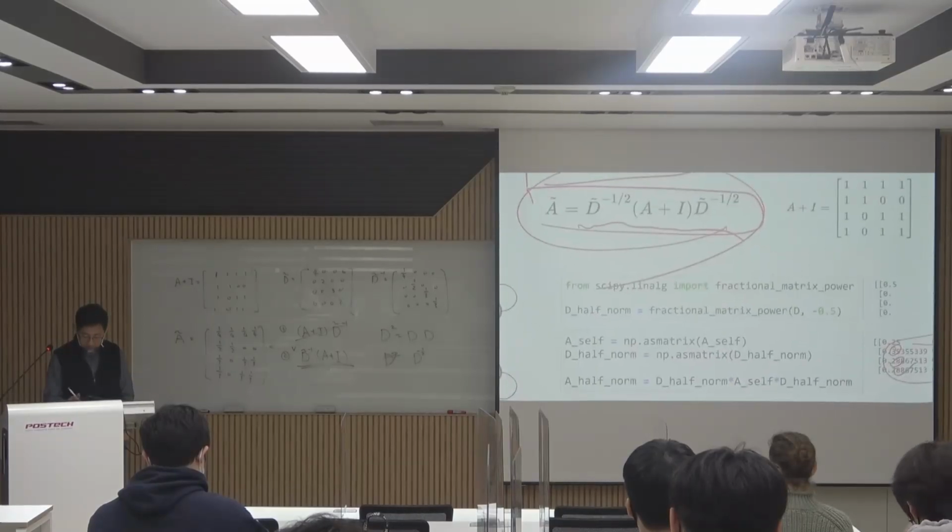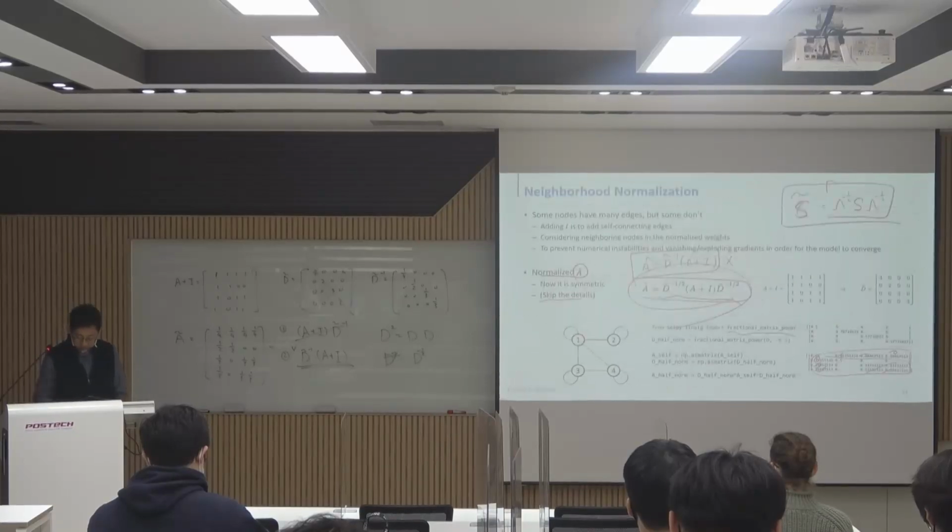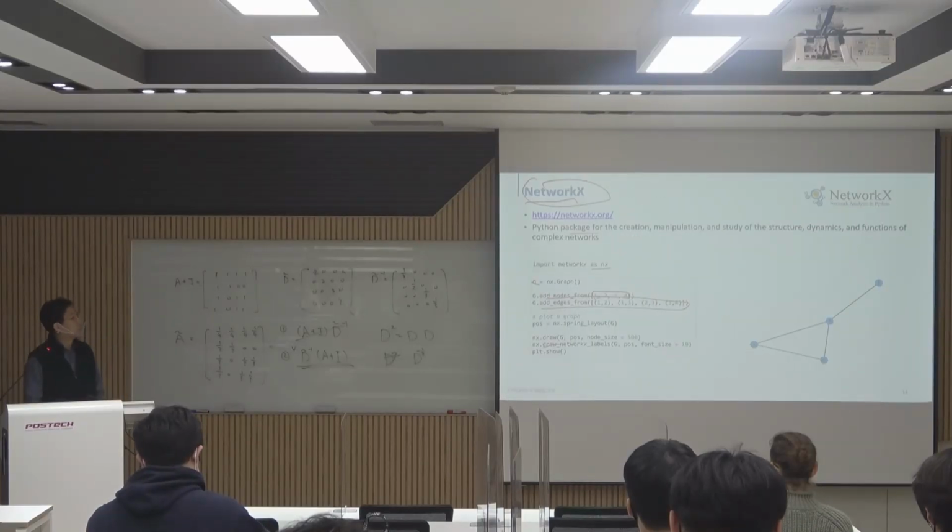And there are functions you can use. All the necessary tools and functions related to graphs or networks are already programmed and made available for you as a Python package or library, NetworkX.